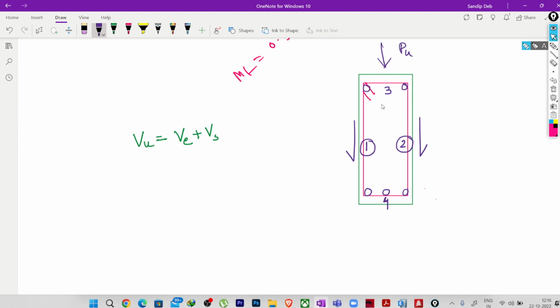In beams we hardly get lateral deflection, right? Obviously the reinforcement holding is okay, but what is the main aspect? These 2 legs, 3 and 4, are actually providing confinement to the concrete.